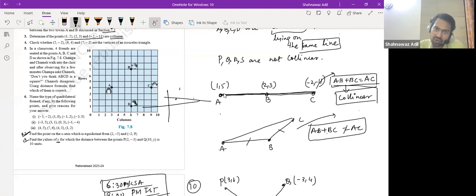We'll find AB, BC, and AC, and check whether the sum of AB plus BC gives us AC or not. Understood?